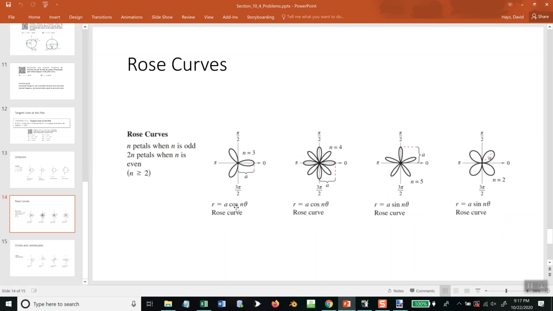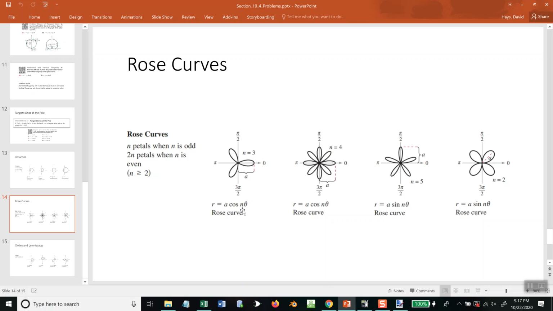Now here's cosine, and n is equal to 3. Okay, now I remembered. If n is odd and you got cosine, then your number of leaves will match whatever number is in front of your theta.